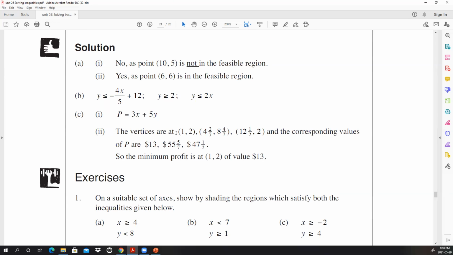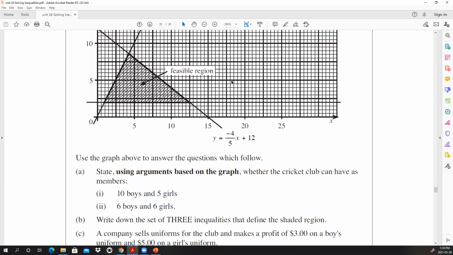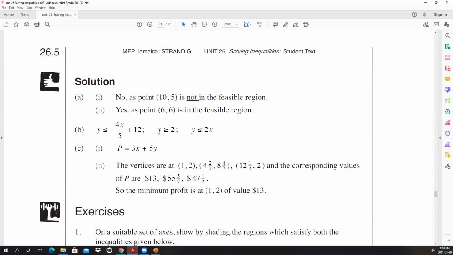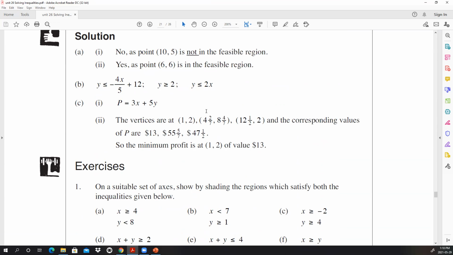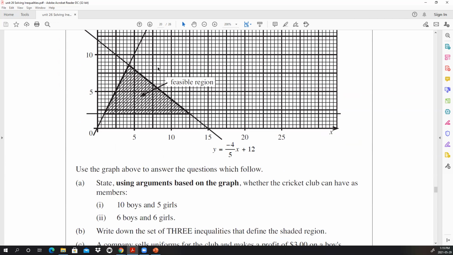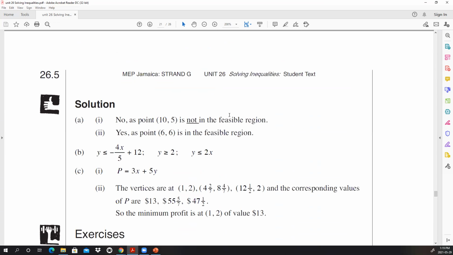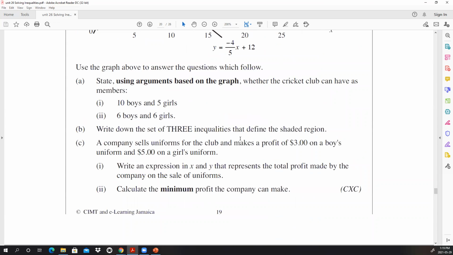The vertices are at 1, 2; then 4 and 2, 7 over 8 and 4, 7, which should be somewhere up here; and then the other one is 12 and a half and 2.